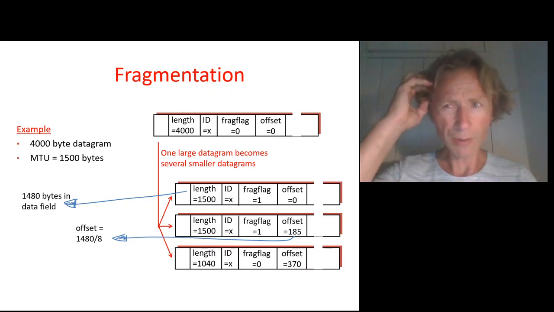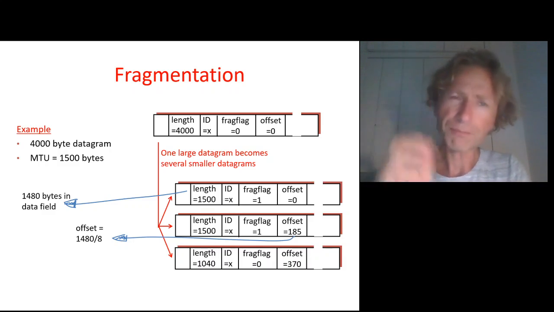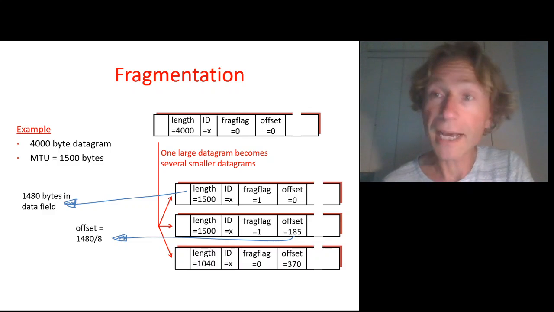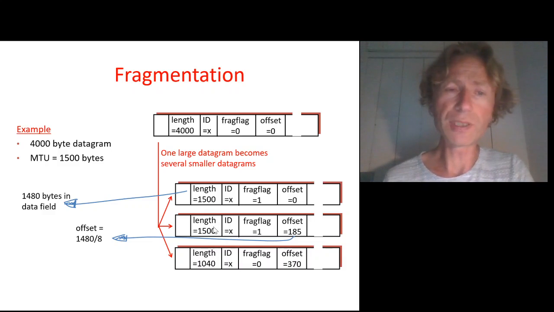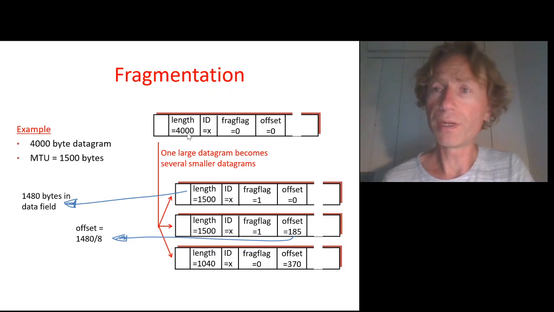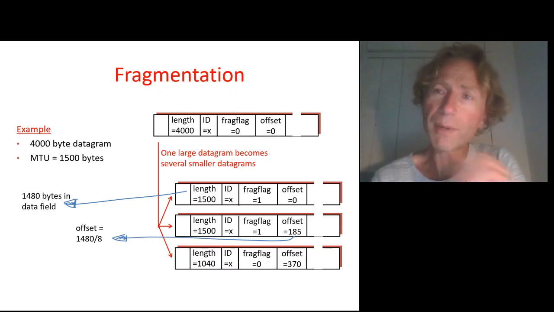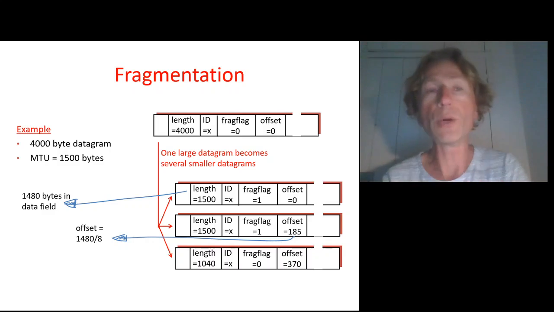Now, you may look at this and initially think, wait a minute, this doesn't add up. If we add 1500 to 1500 to 1040, we actually overshoot the 4000 length that the original datagram had. And if you think about this a little bit longer, you'll realize what this is.